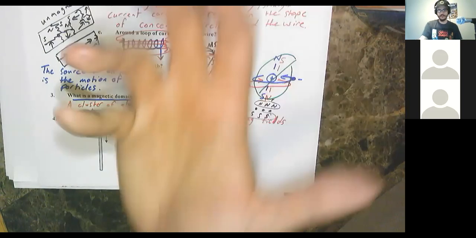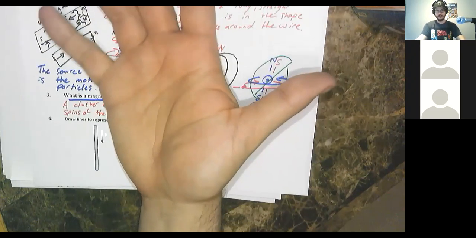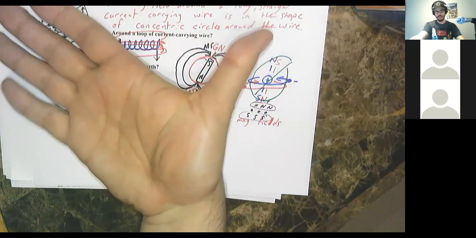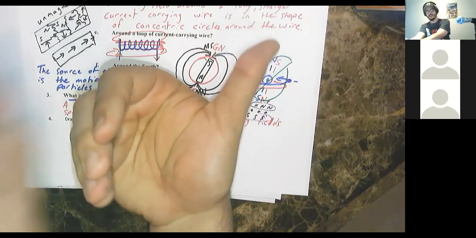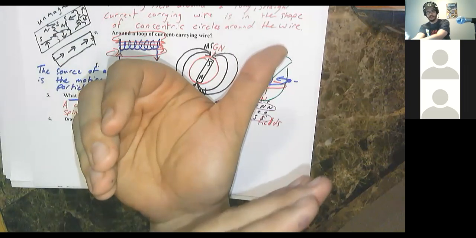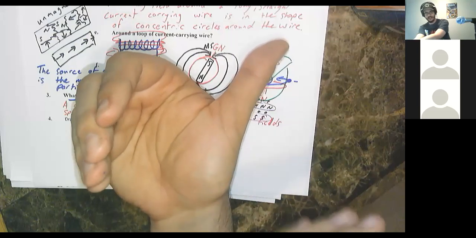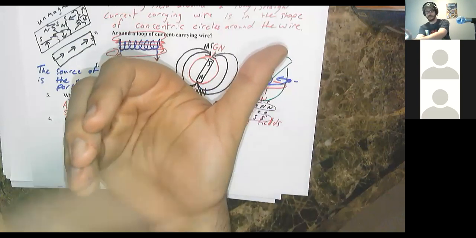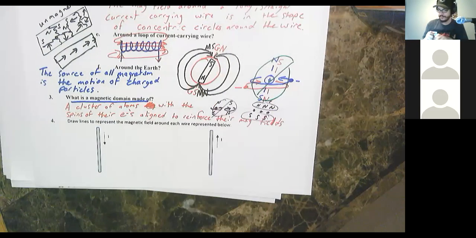Your fingers represent those concentric circles around the wire of magnetic field. So if your thumb points this way and your fingers curl around like that, your circle goes north to south in this direction. So the north would be at your knuckles, the south would be like over here on the other side of your palm, and it's going from north to south, curling in that direction.